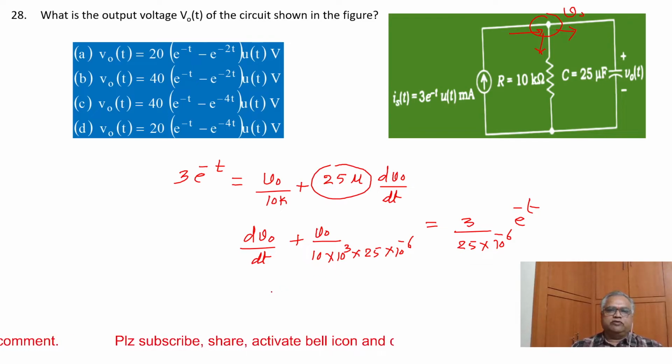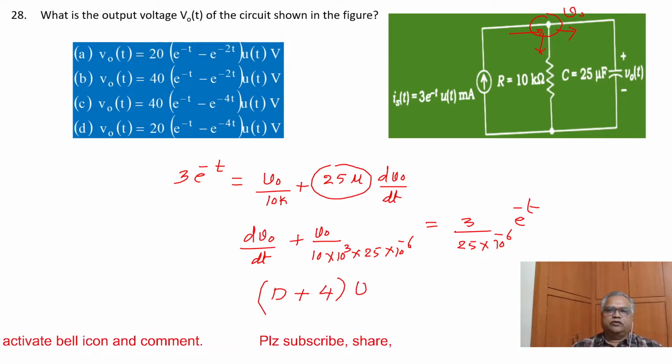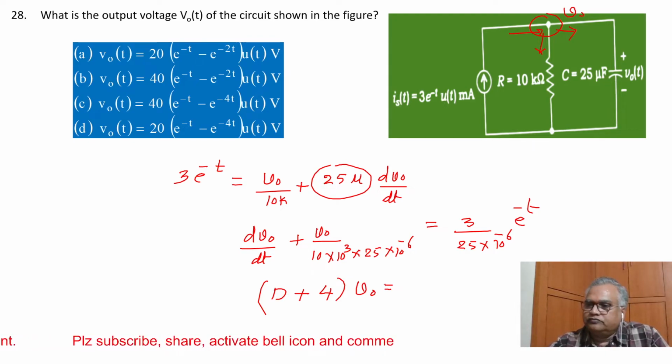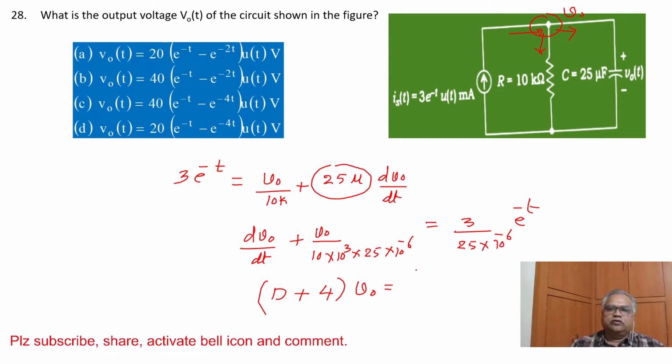So you simplify this, you will get D plus 4 V0 is equal to 120 e power minus t.